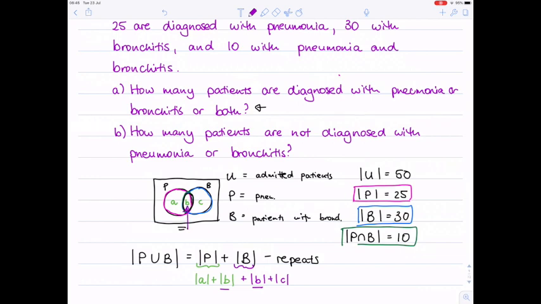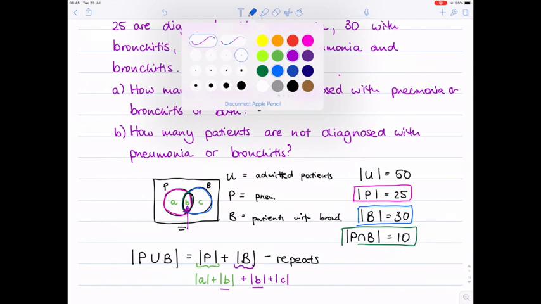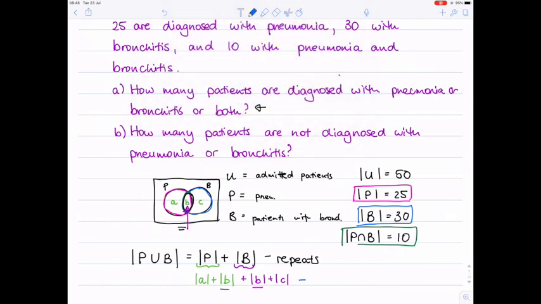So in order to make this correct, I need to subtract off the repeats, which are region B, and region B is really the intersection.